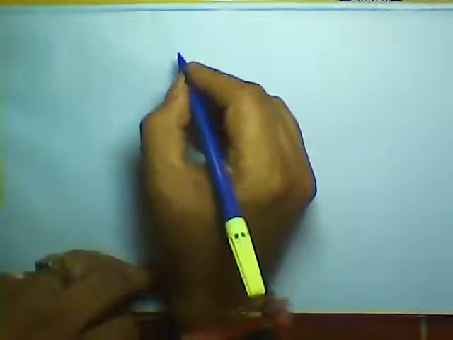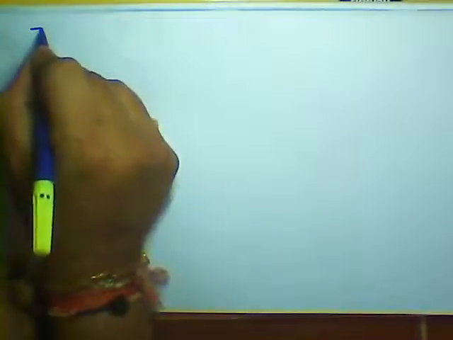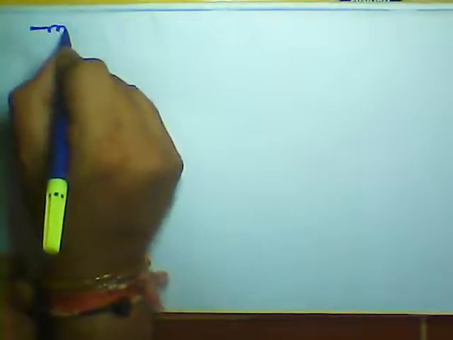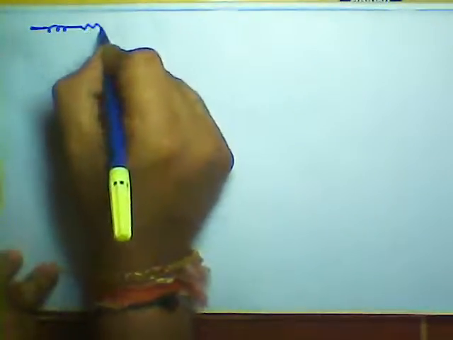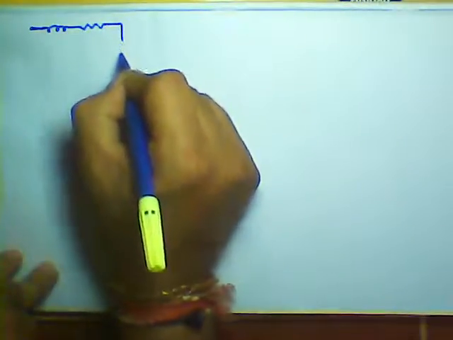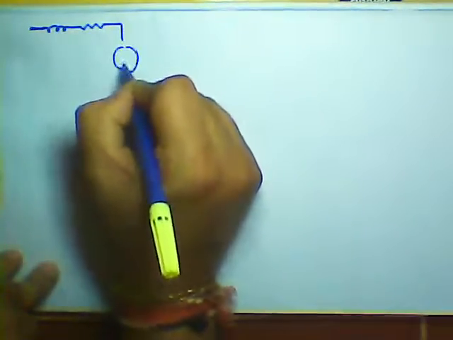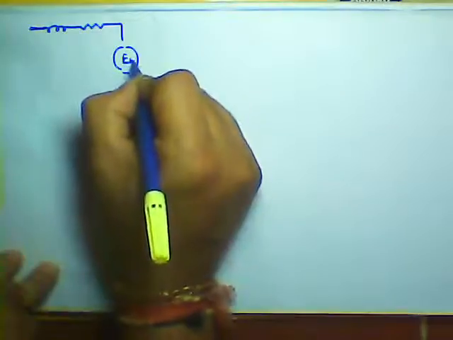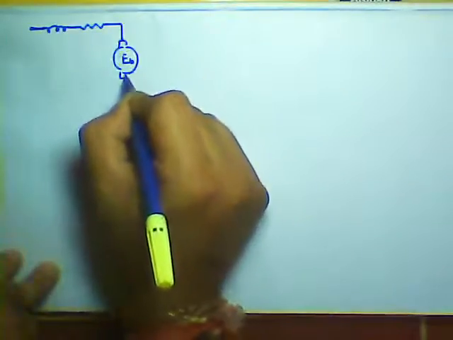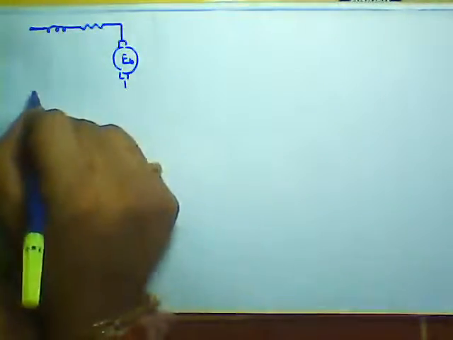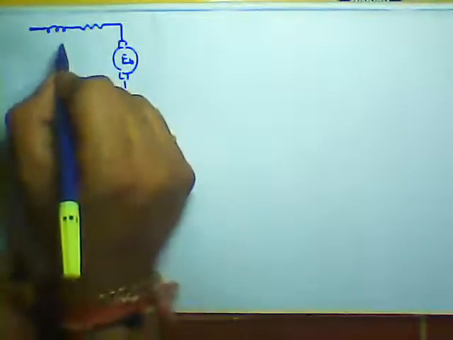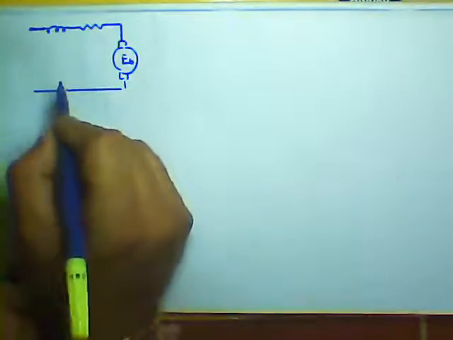Now let us try to learn what is the equivalent circuit of a separately excited DC machine. So this is the one, and here this is your back EMF, this is the brushes, and this is your armature circuit.